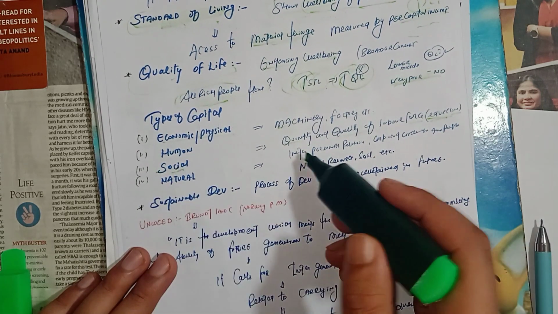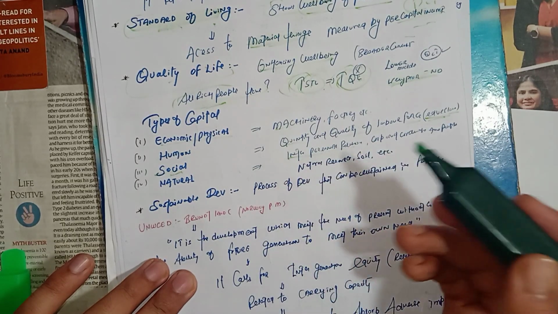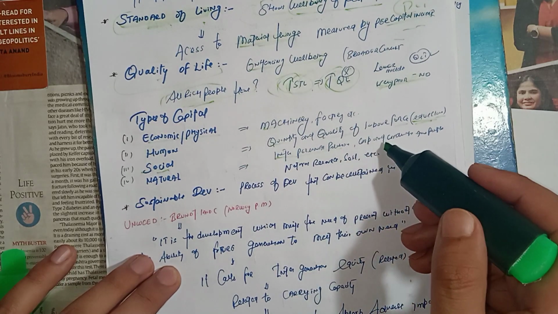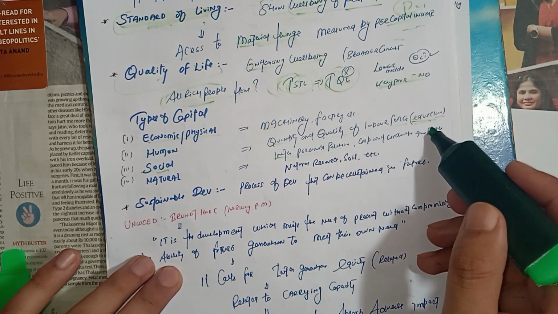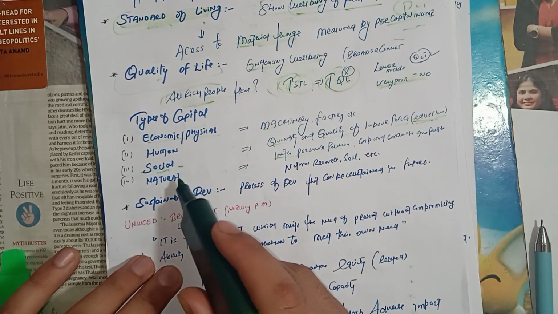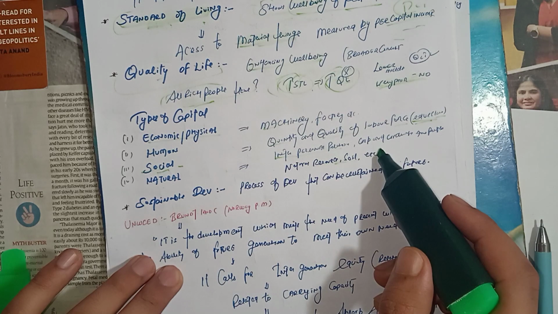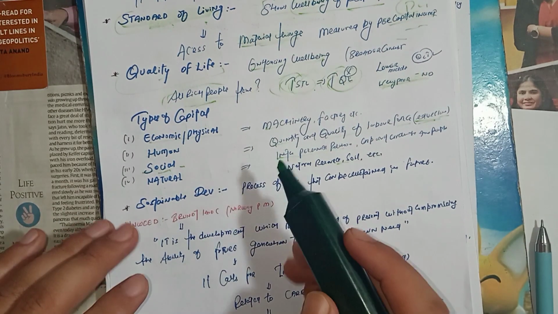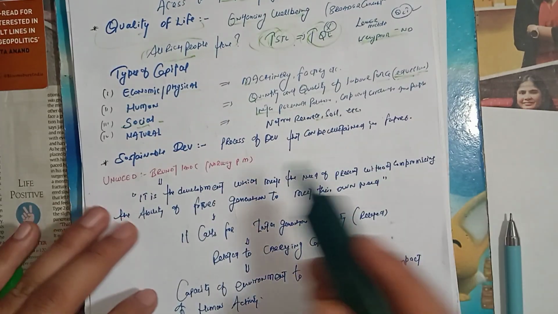Social capital means interpersonal relations: what kind of interpersonal relations people are having, and cooperation and coordination among people. This is called social capital. Natural capital means natural resources, soil, etc., land. So these were some basic concepts.